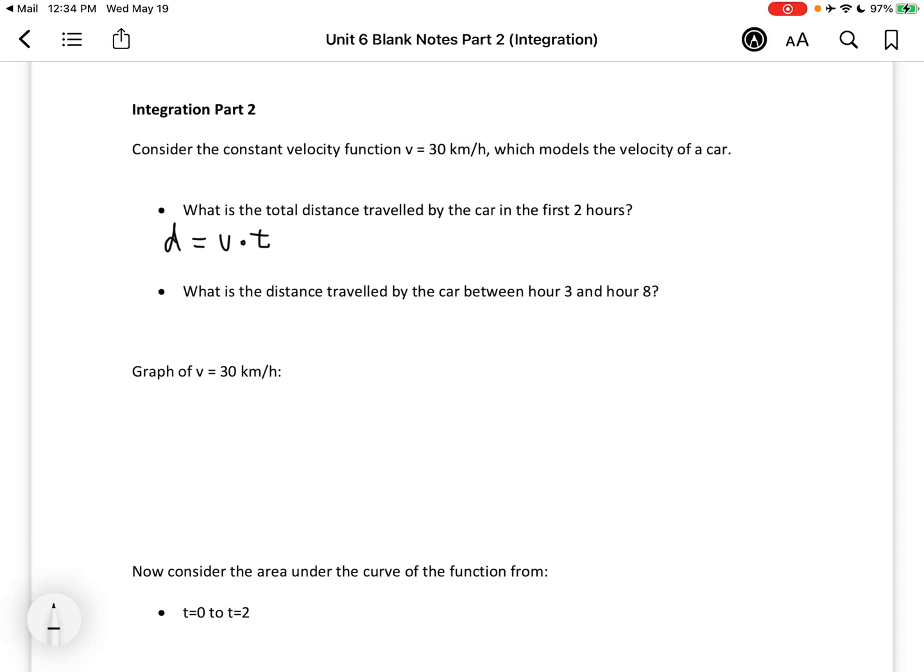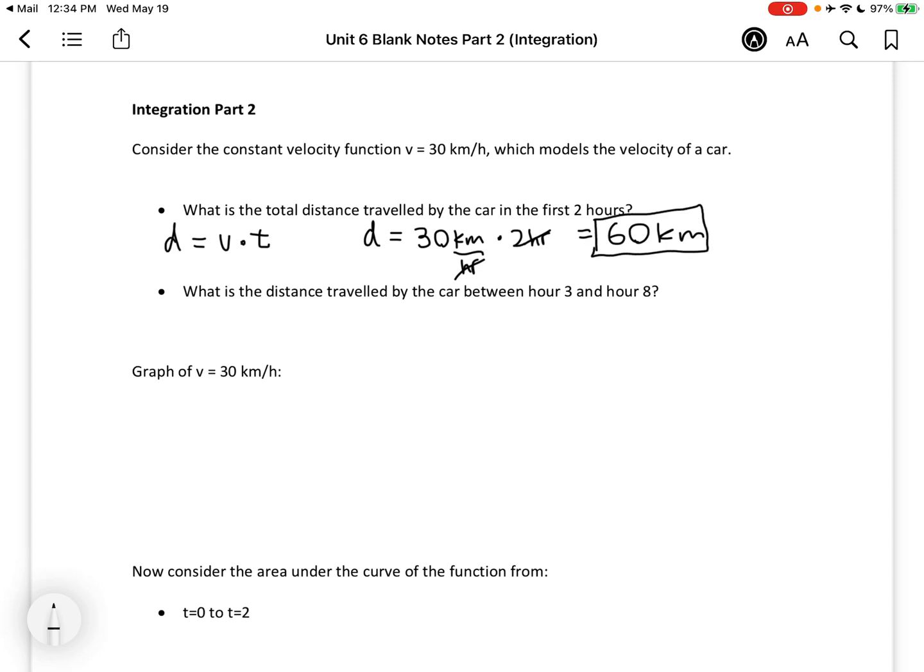So if we've been going for 2 hours, then distance is going to be 30 kilometers per hour times 2 hours, and in unit analysis, the hours cancel, and that gives us 60 kilometers. So that's how far the car will have traveled in the first 2 hours.